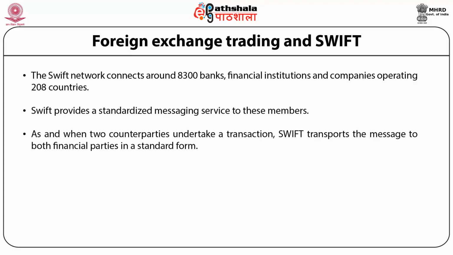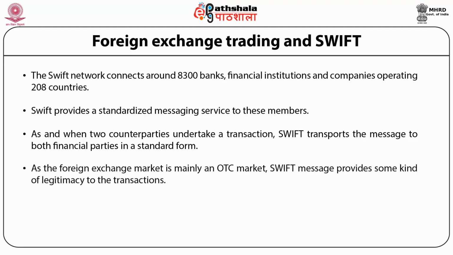As and when two counterparties undertake a transaction, SWIFT transports the message to both financial parties in a standard form. As the foreign exchange market is mainly an OTC market, SWIFT messages provide some kind of legitimacy to the transactions.